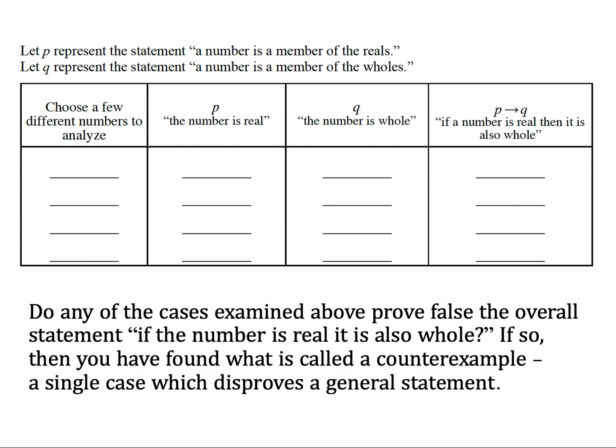And let's just go ahead and examine a few different numbers and see whether they are examples in support of the conditional or are they counterexamples which disprove it. So I'll start with a simple one like 1. Okay, and then I'll try 0.5. And maybe I'll do the imaginary number i, which is the square root of -1.